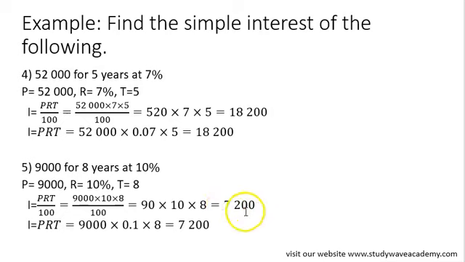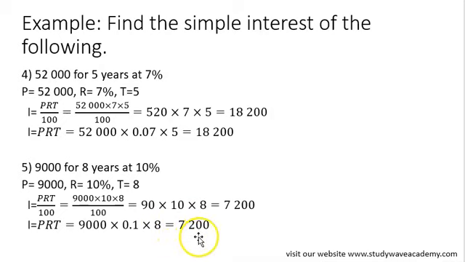If we try out this other formula, I equals PRT equals 9,000 times 0.1, our percentage, we converted it into a decimal point, and I showed us in the last one how to convert into decimal points, right? Times 8 equals, if you multiply all this together, you have 7,200.